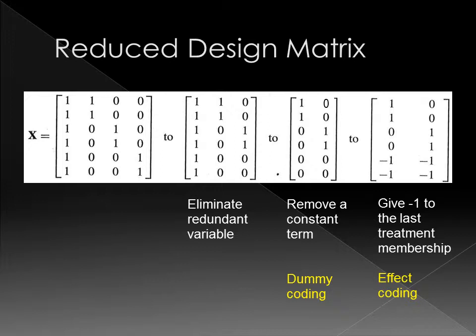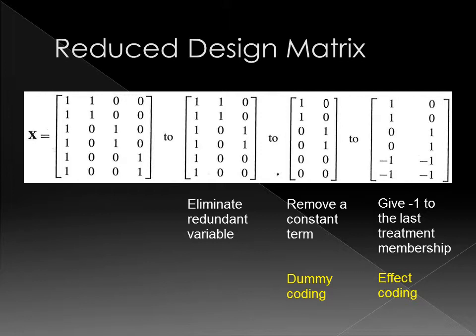Even though we don't have the last column, we still know that the first 2 people belong to the first group, the second 2 people belong to the second group, and person 5 and person 6 belong to the third group. Therefore, the complete design matrix is reduced to this 3-column matrix. We want to eliminate the redundant information.